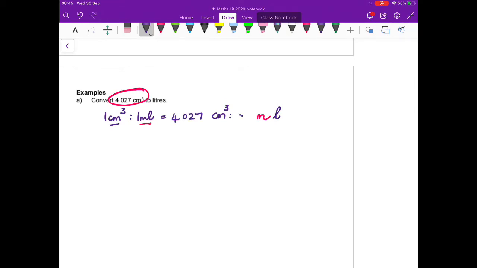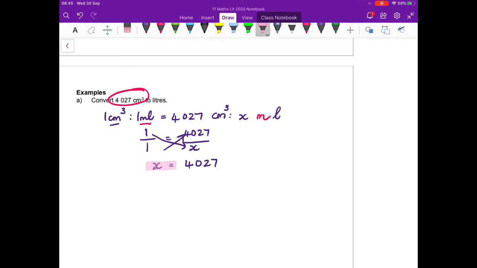4,027 centimeters cubed equals X milliliters. And you can see it's a 1-to-1. So this would be 4,027 milliliters. But I'm going to carry on with the ratio for those of you who find this a little bit tricky. 1/1 equals 4,027 over X. Multiply 1 times X is X equals 4,027.